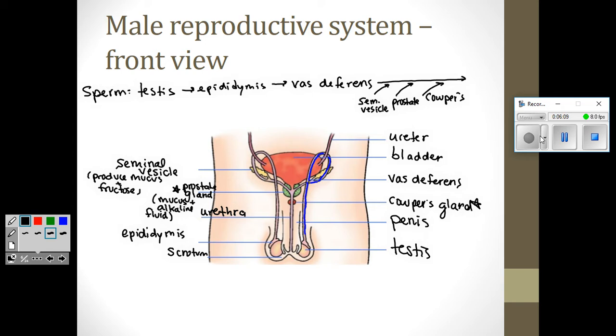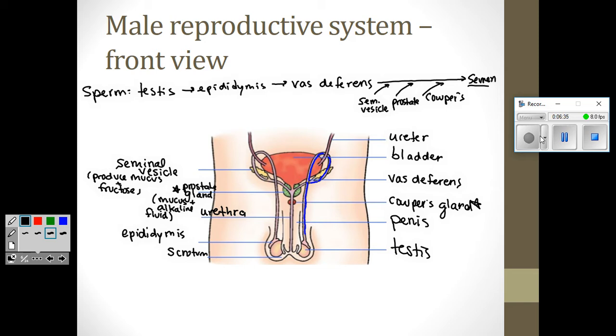So notice, sperm are not going in any of those glands. They're kind of like your pancreas in digestion, where it makes things that you need to digest your food, but your food never actually goes in your pancreas. Same sort of principle here. These glands are all producing something that will get mixed together with the sperm that are there to eventually form semen.